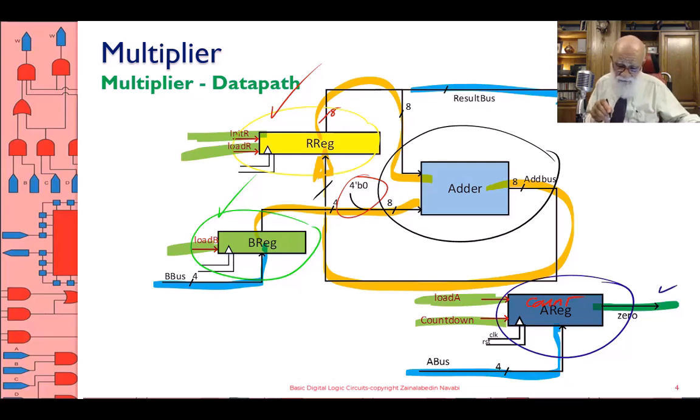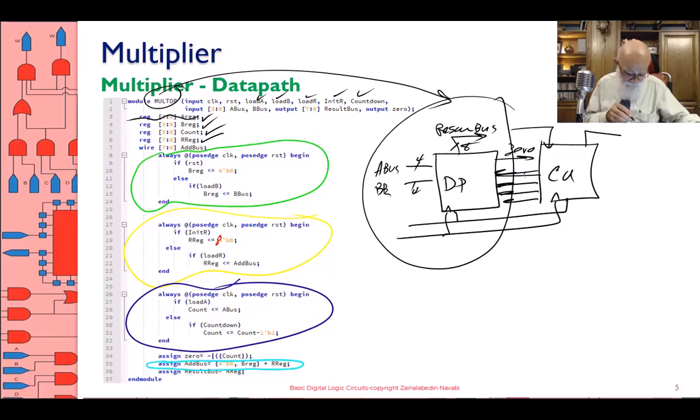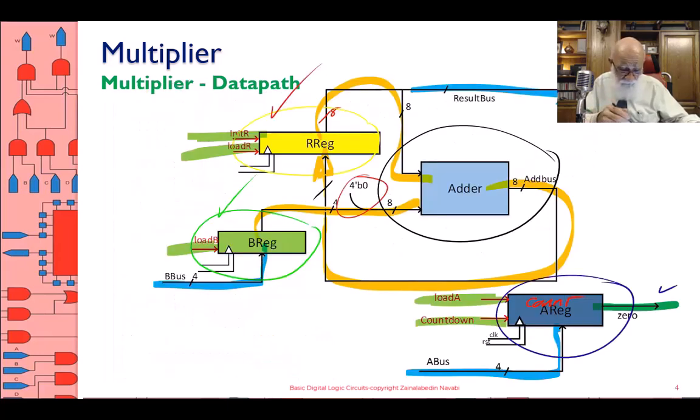So the zero flag is actually part of this counter, but because it's a combinational part of the counter, we usually use an assign statement outside of the sequential block that does the counting. So let's go back up here. I'm done with all of these.